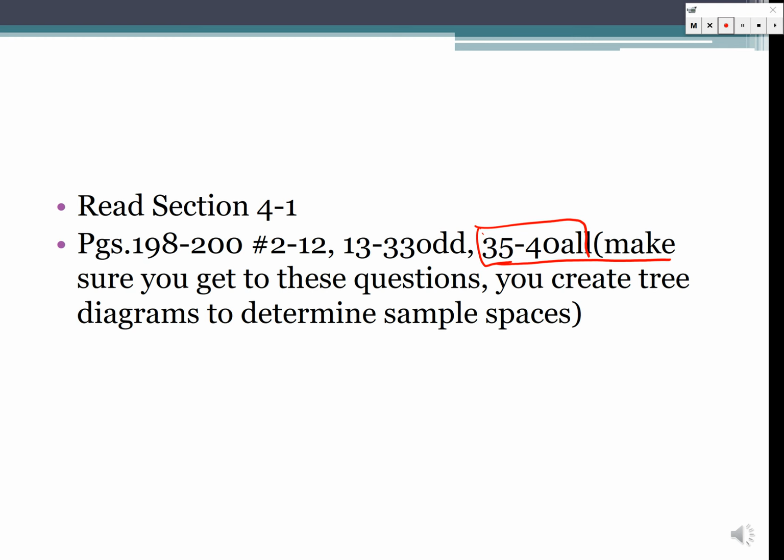Make sure you get to those because those are the ones that have you create tree diagrams and find your own sample spaces. They're not the ones where it's rolling 2 dice and I can just look on page 187. They're not just a deck of cards. So please make sure you at least get to those questions. It's not a ton. They should go quick. The 2 through 12, 13 to 33, they should go quick for you.